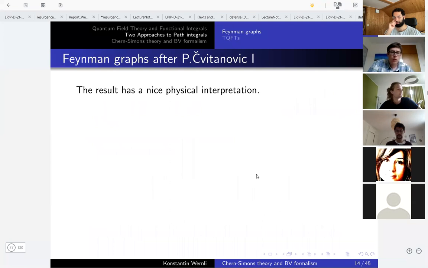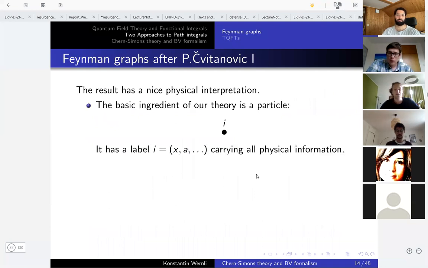So now, a brief primer on Feynman graphs. It's actually easier to understand Feynman graphs from the physics. We're taking the standpoint that our field theory is describing some particles, and the particle has some physical information, like its position in space-time, maybe a color index, and maybe more.